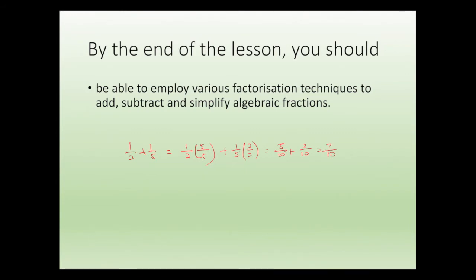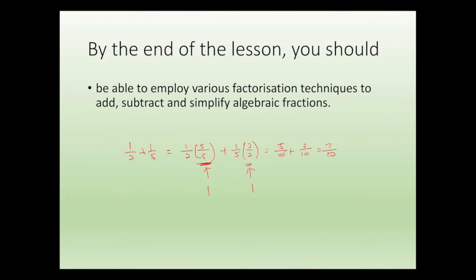Now, we need to realize that we can change the appearance of a fraction by multiplying with 1. And 1 can be something like 5 over 5 or 2 over 2 or maybe x over x or something like that. Alright, this is how to bring the fractions into the same denominator.